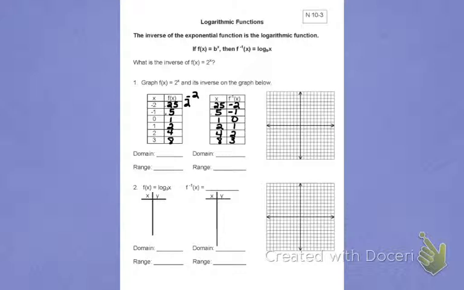Now, it's a little tricky on this graph because it's hard with me writing with the pointer. I want to put, if possible, a line on y equals x.